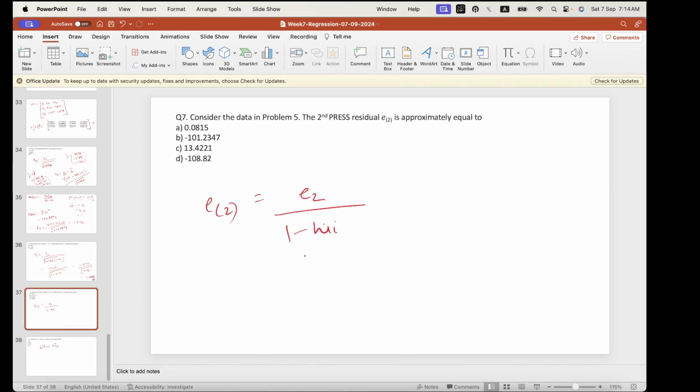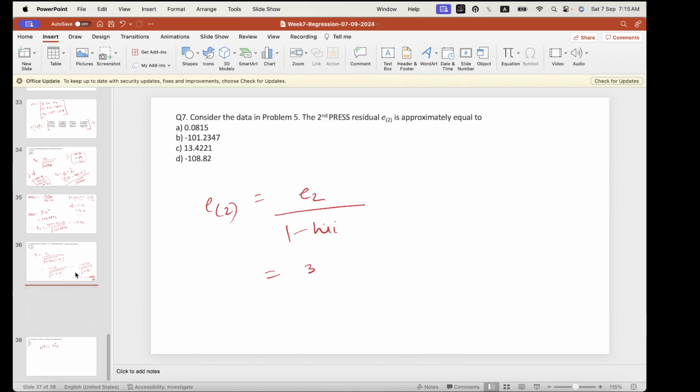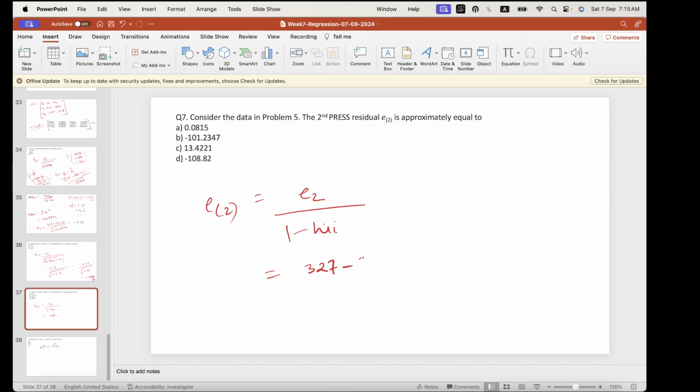So this will be 327 minus 332.29, divided by 1 minus hii, which is 0.95.